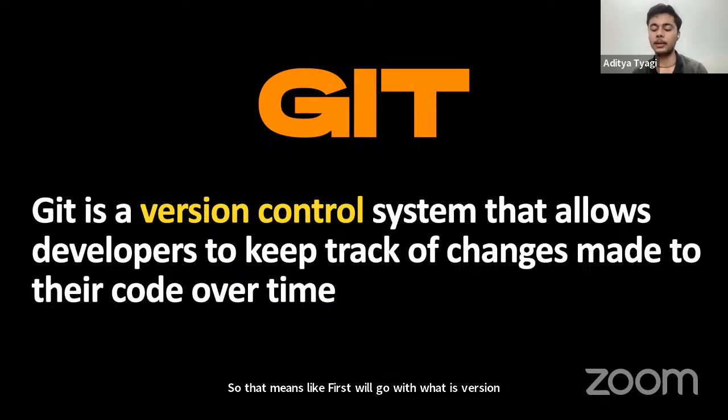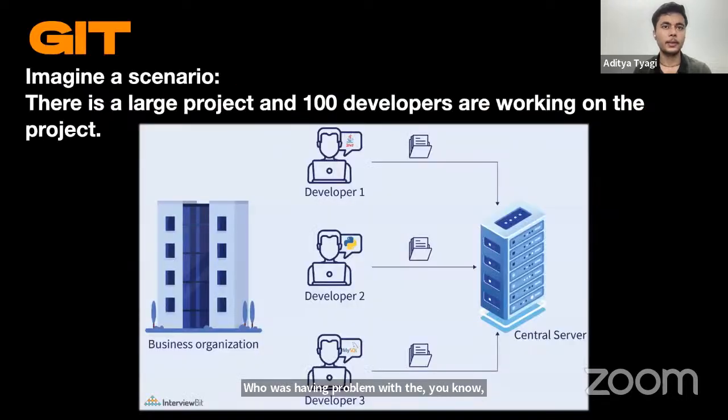Version control was a tool developed around mid 2005, and it was made by Linus, who was having a problem. I'll start with a very basic question first. For example, you are working on a very large code base, and there are various developers working on it, each with their different functionalities.